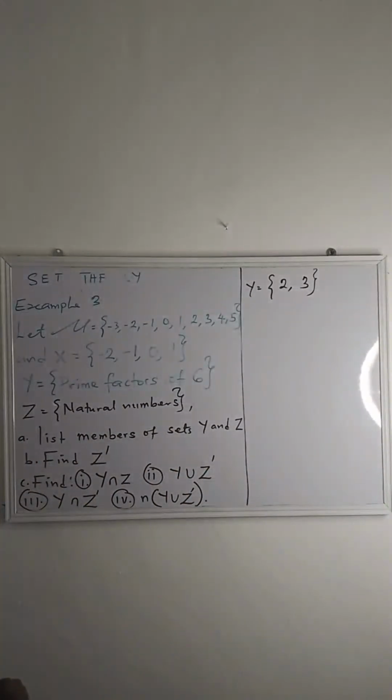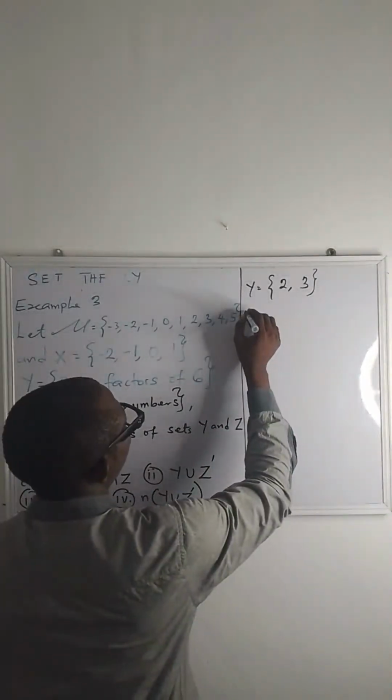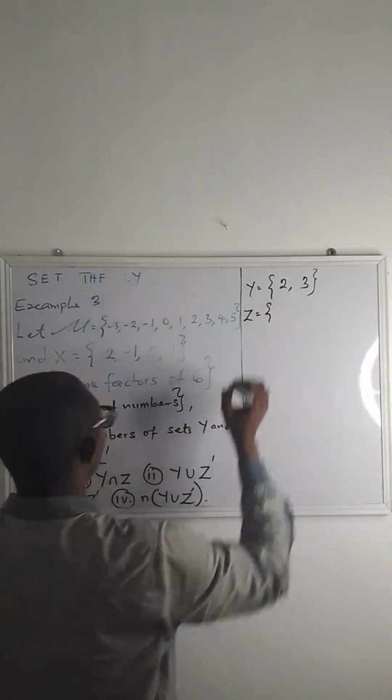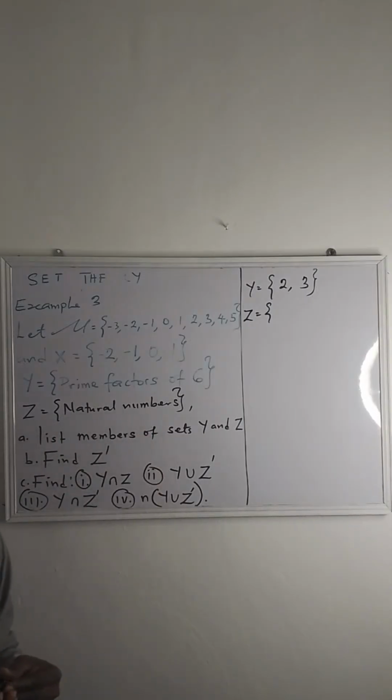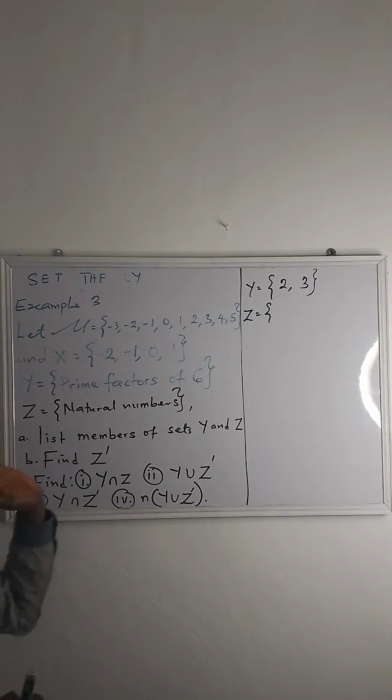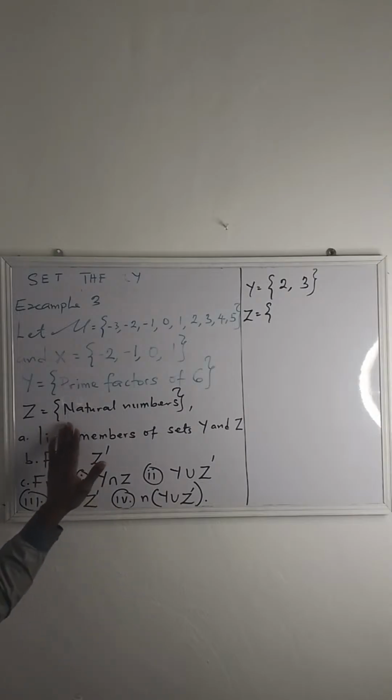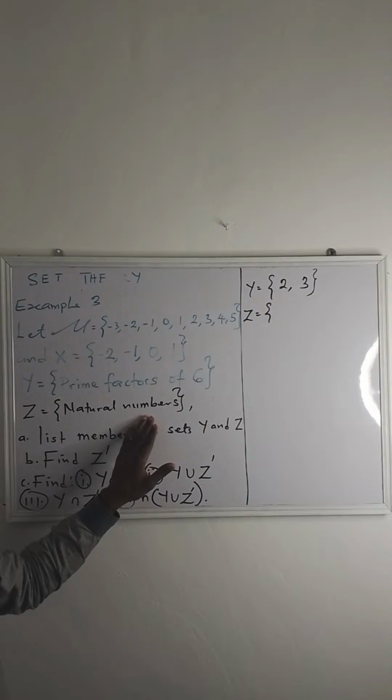All right, now let's look at the next one. Z is the set of natural numbers. Don't forget we said natural numbers are counting numbers. So we have 1, 2, 3, 4, 5, 6, and so on. By the time we are listing, we have to be very careful.